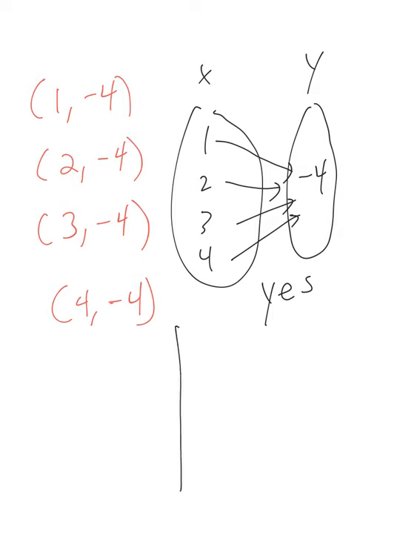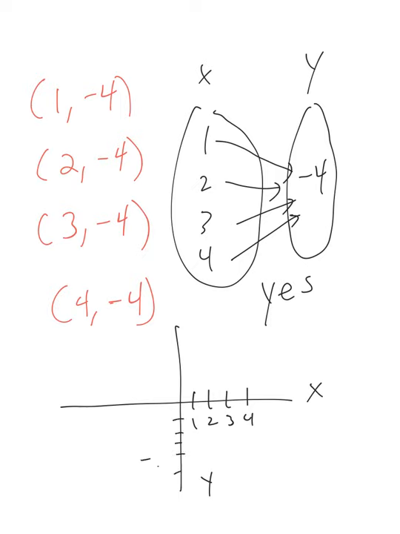Because, let me show you. If I go to graph this, remember we did that one section about plotting your ordered pairs? So, 1, 2, 3, 4. Those are all x's, right? Where's my -4? Up or down? Down.